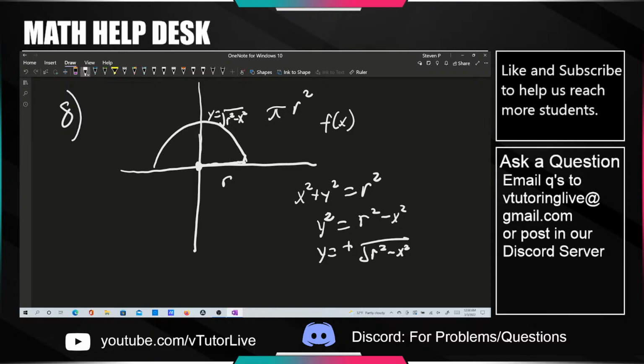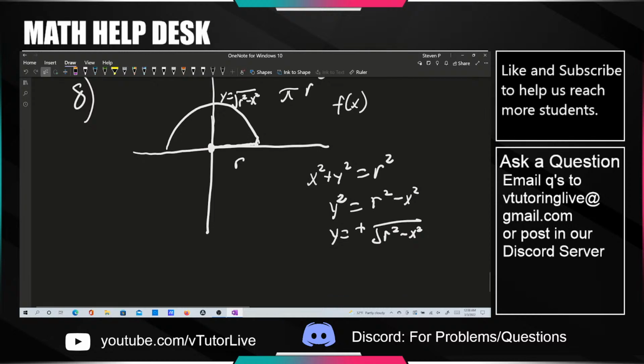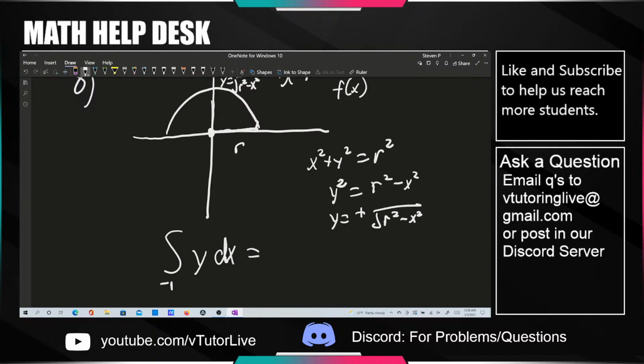And we're taking r to be a constant. Like r is fixed, the size of the circle, and x and y are the variables. But the idea is, okay, well at this point, you just want to integrate y dx, which is equal to, from, I guess, minus r to r, the square root of r squared minus x squared dx.